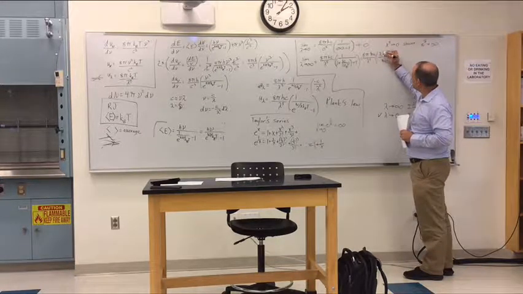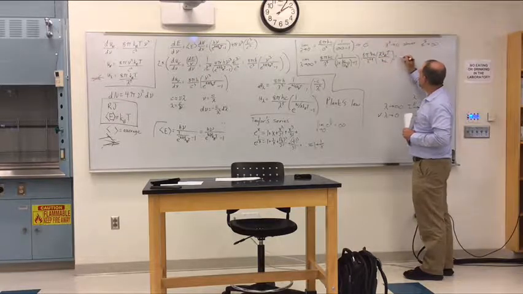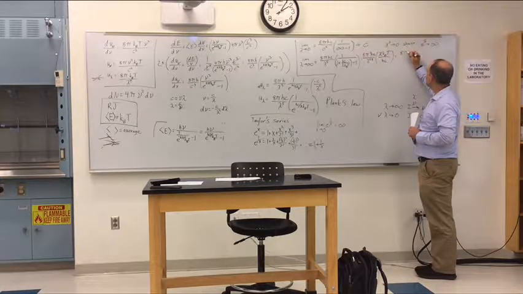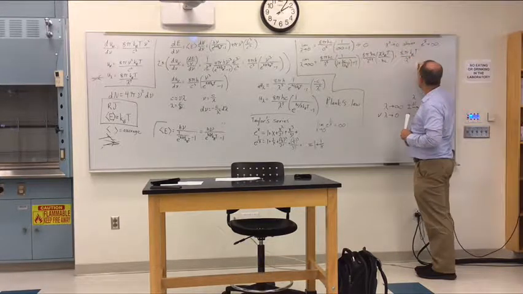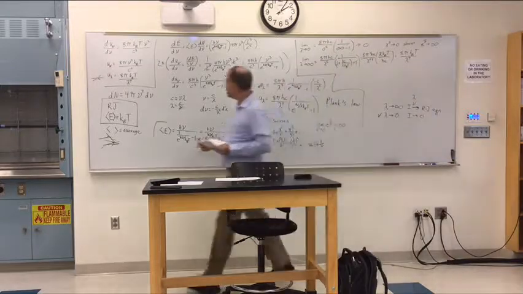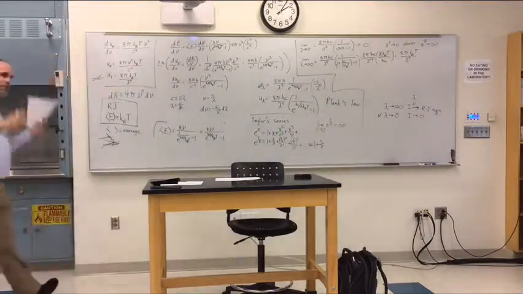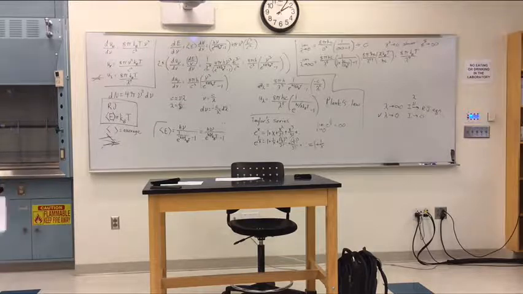This lambda will cancel out one of those. So you end up with 8 pi kBT over lambda to the 4th power, which is magic. You get back the Rayleigh-Jeans equation.